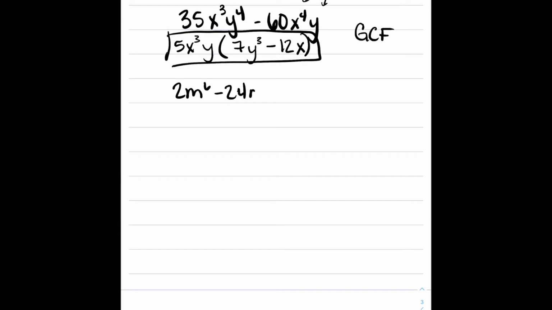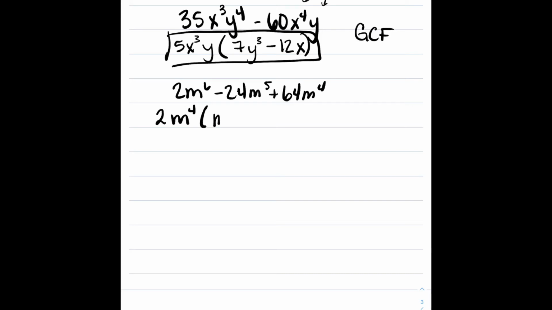Next problem, we have 2m to the power of 6 minus 24m to the 5th plus 64m to the 4th. So again, I'm looking, what is my greatest common factor? Well, I have a 2 in all of these pieces. I also have an m. And the most I can take out of all three of these is m to the 4th.